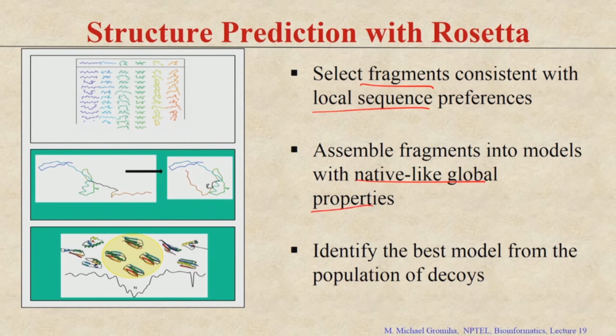Then they combine all these things together from the populations, and for the unknown cases they do the modeling, and finally they generate the different possible structures and select the best one. This is how they use it.